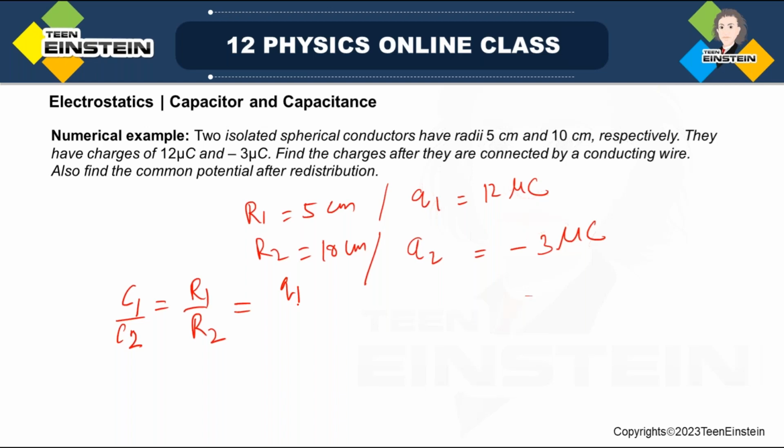So that is equal to 5 by 10. So I can actually find out what Q1 prime is.